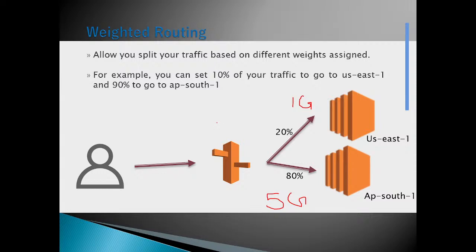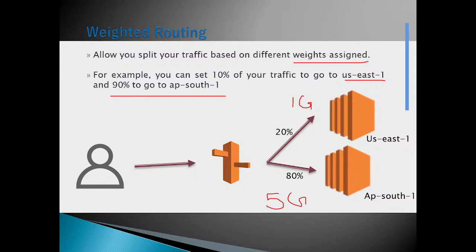So I can distribute the traffic on a given scale. You can split the traffic on the basis of different weights assigned. For example, you can set 10% of your traffic to go to US East 1 and 90% to AP South 1. Now it's up to me how I want to distribute the traffic.